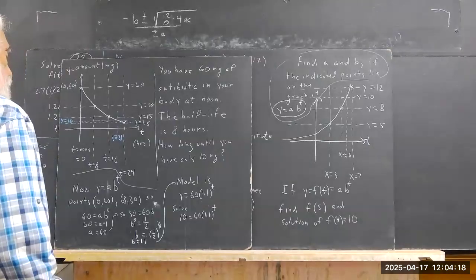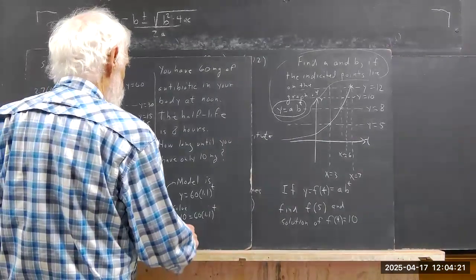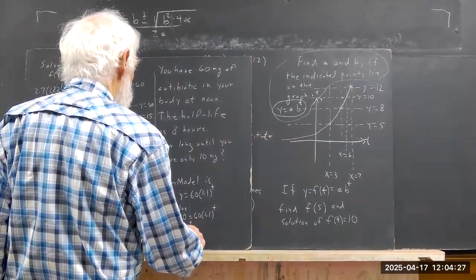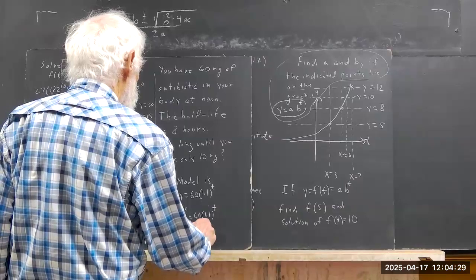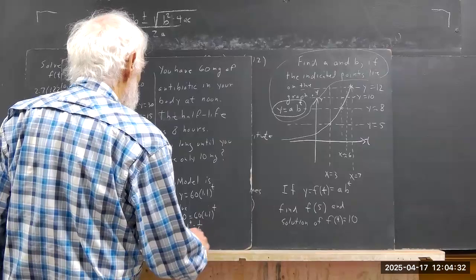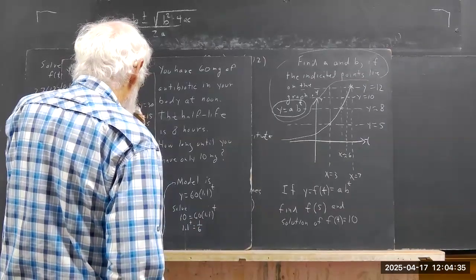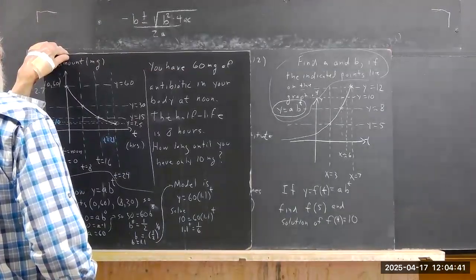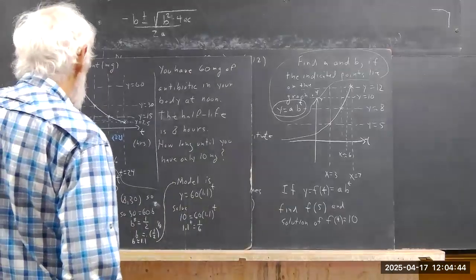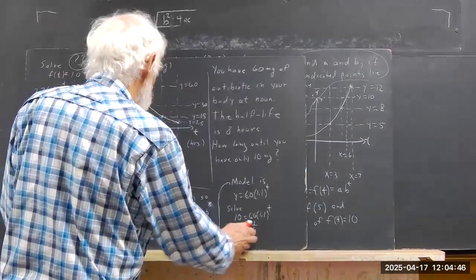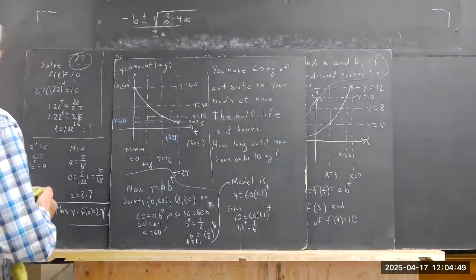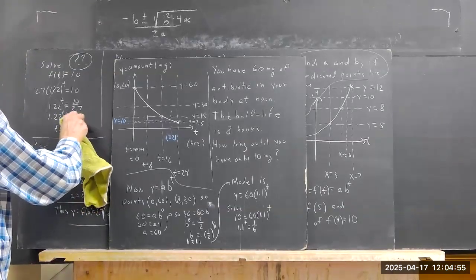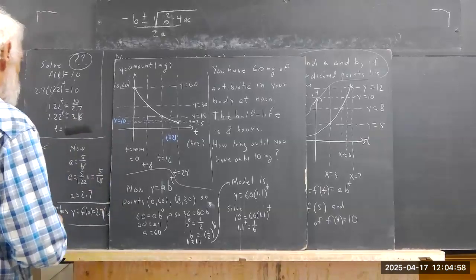Solve 10 equals 60 times 1.1 to the t, which means you would have 1.1 to the t equals 1/6.